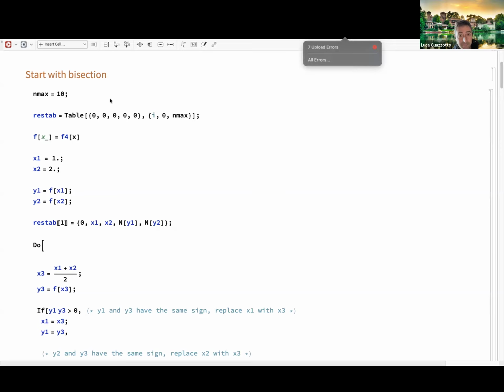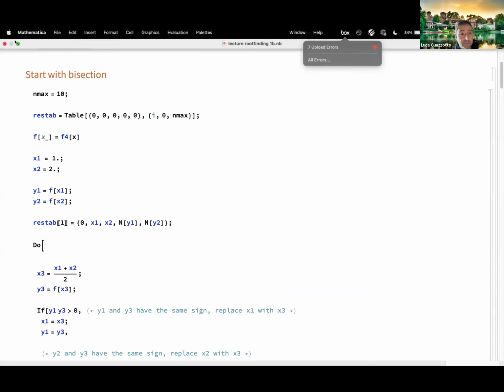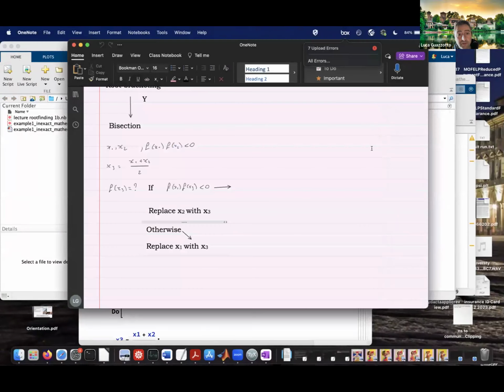But going back to what we just wrote, this is sort of a logical construct that we can turn into a code. I have here at the beginning, I need some initial data, and then I have an algorithm for calculating the next one. So all of this is going to be in some type of loop.